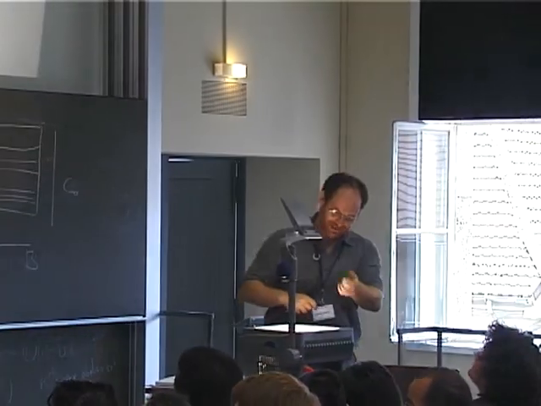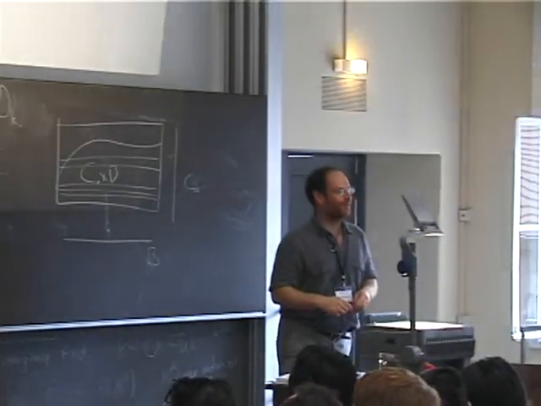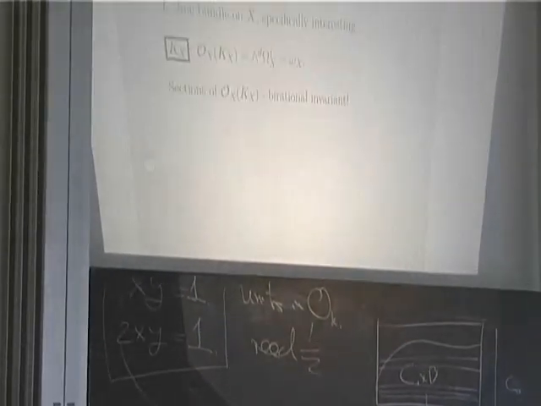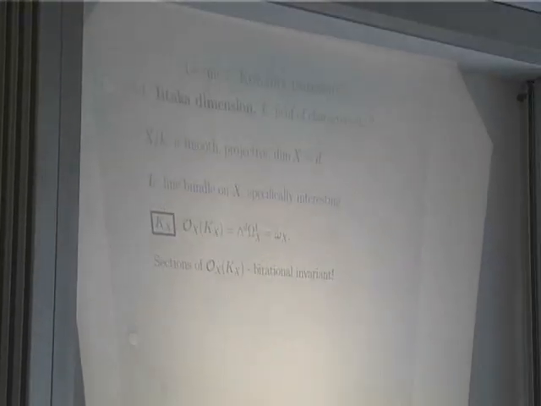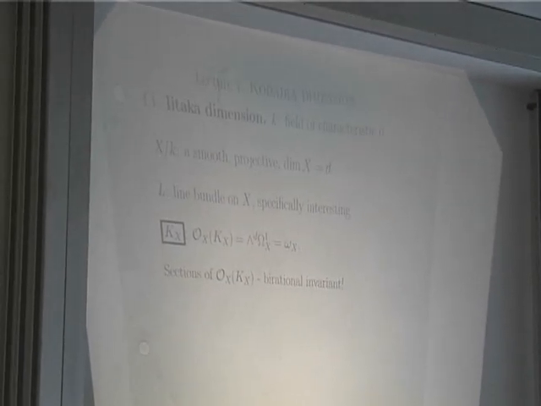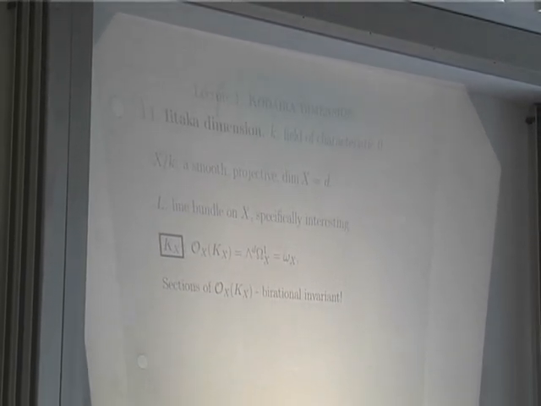Okay, now we start with lecture 1 about Kodaira dimension. The first thing that I want to do, and that's what Kodaira dimension is about, is find something analogous to the degree of the canonical sheaf of a curve.